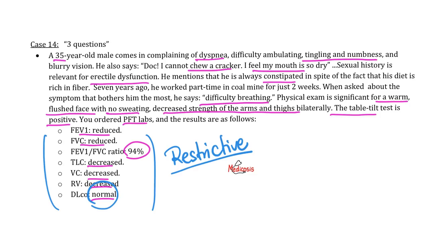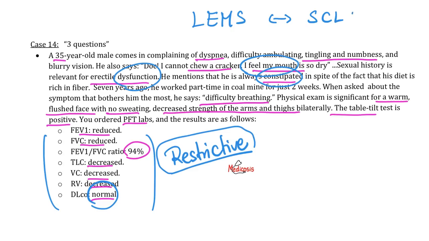So it has to be the fault of something else, such as the diaphragm, the phrenic nerve, or the chest wall. This patient has erectile dysfunction, constipation, dry mouth. All of these are autonomic symptoms. The patient has motor weakness as well, and the patient has Horner syndrome: ptosis, miosis, and anhidrosis. Put all the facts together, this patient has Lambert-Eaton myasthenic syndrome together with small cell lung cancer.